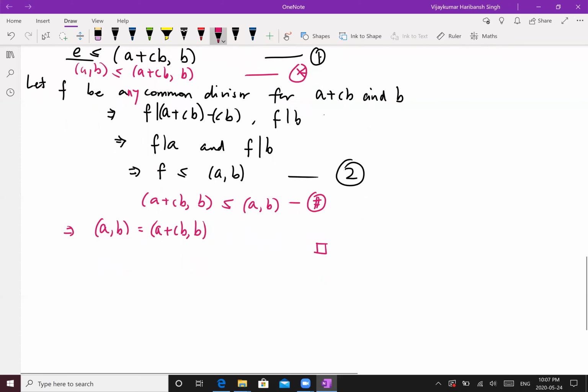Now, the nice property of the greatest common divisor is that it can be expressed as a linear combination. Namely, the following is true. Theorem: let A, B belong to Z, not both 0.